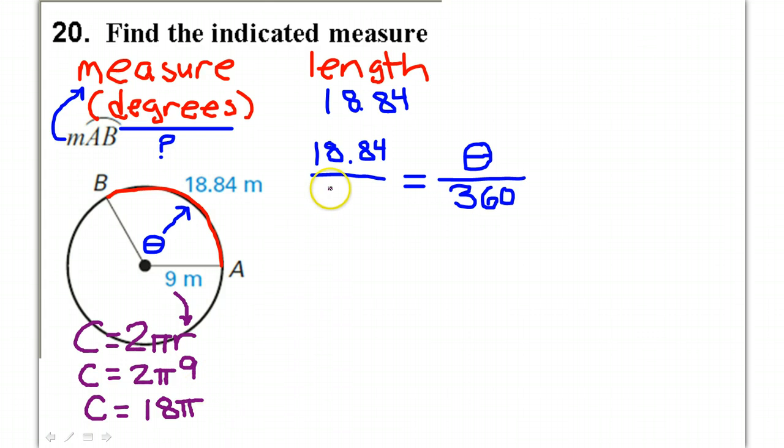Okay, so I will put the circumference here where it always goes, 18 pi. So now I have part over whole, arc length over circumference, equals part over whole degrees. The partial degrees, that's the thing I don't know.